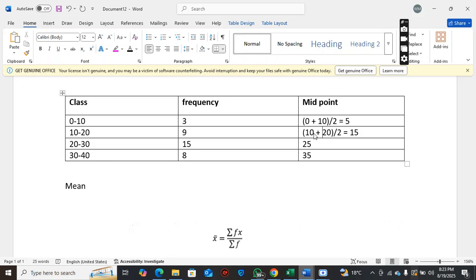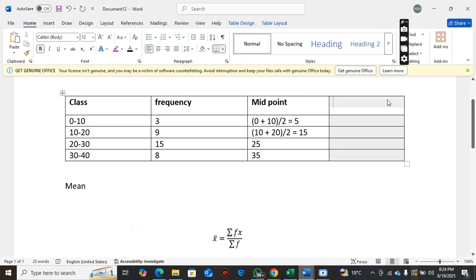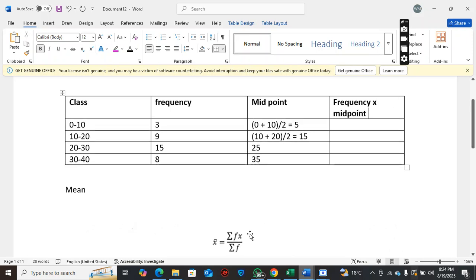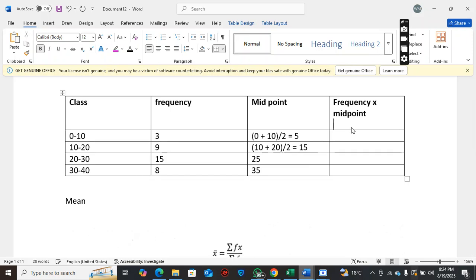What we need to do next is multiply our frequency by the midpoint. This is the fx here: frequency multiplied by the midpoint.